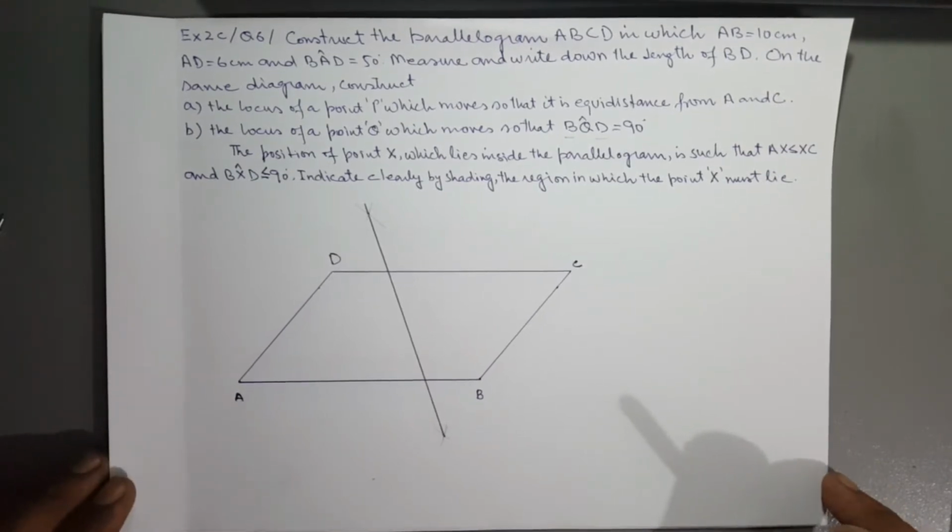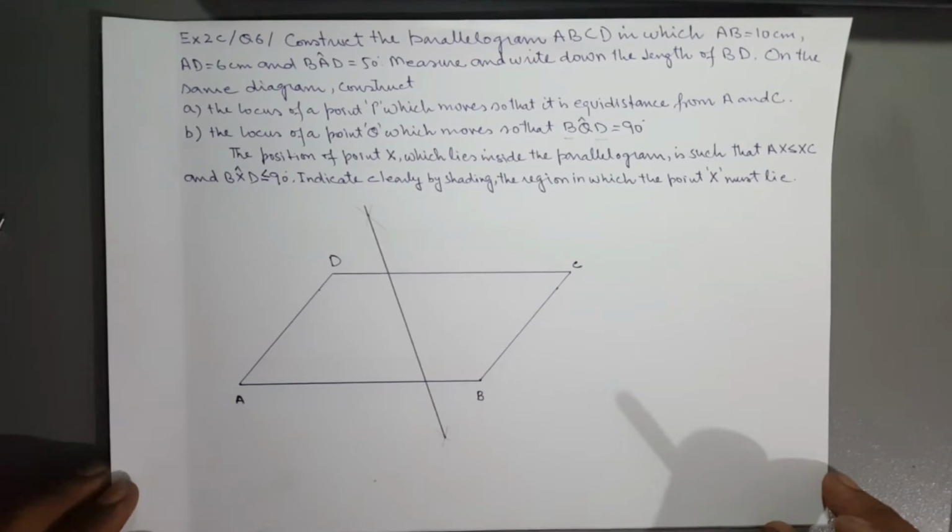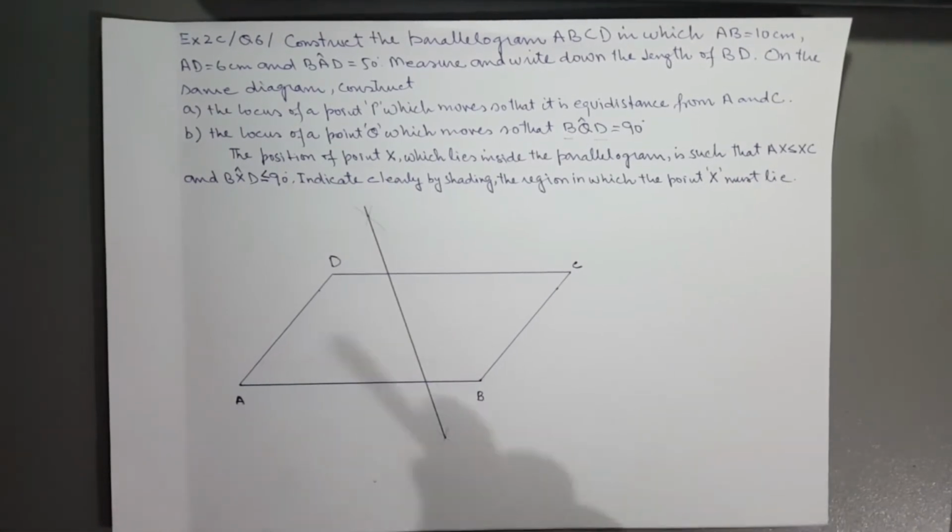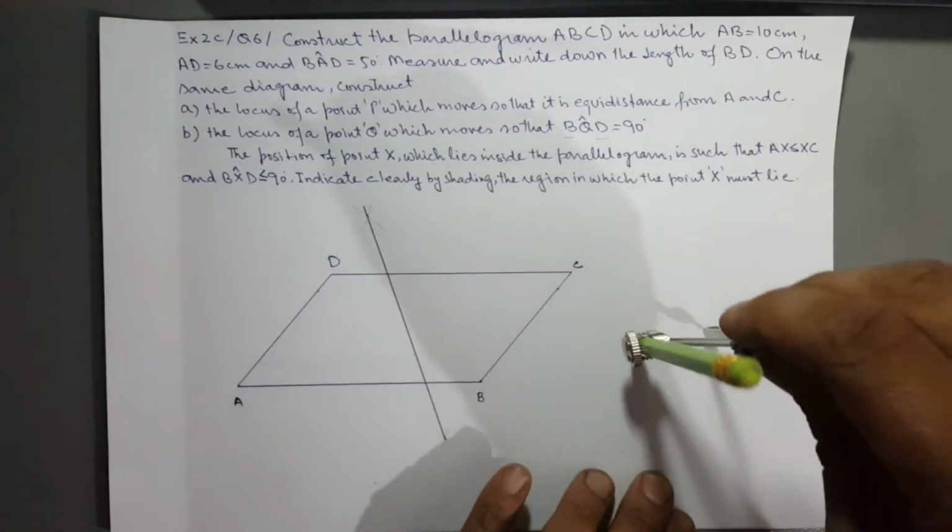First of all, I will recall the concepts of geometrical properties of circle. There was a property that the angle subtended by the diameter is 90 degrees. Now this one is a circle.